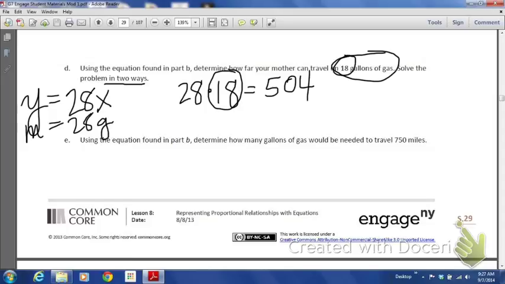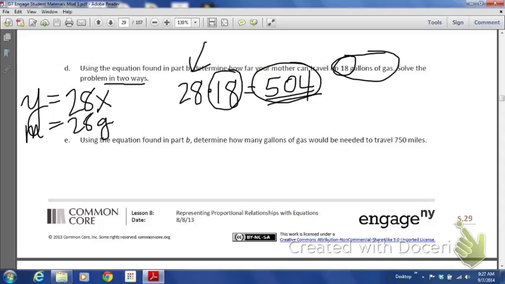But this 18-gallon tank is a pretty big tank on a vehicle. If you had that 18-gallon tank and you were getting 28 miles per gallon, 504 is a good distance to be able to go on one tank of gas, especially when gas prices are on the rise.